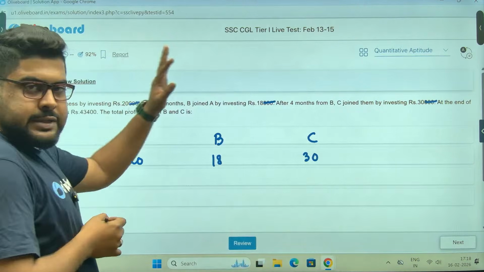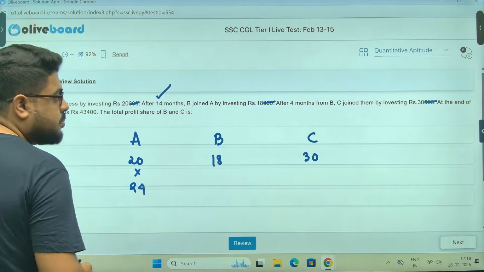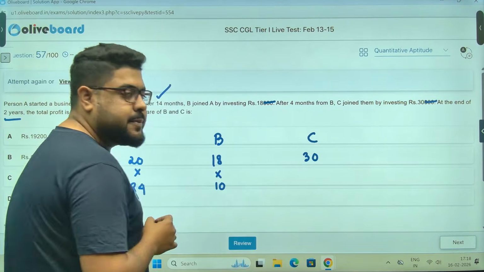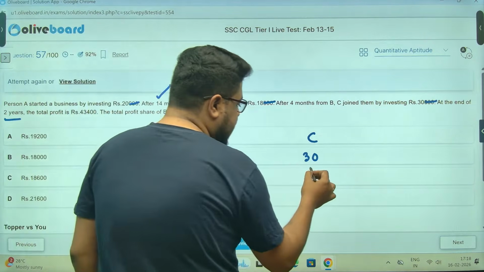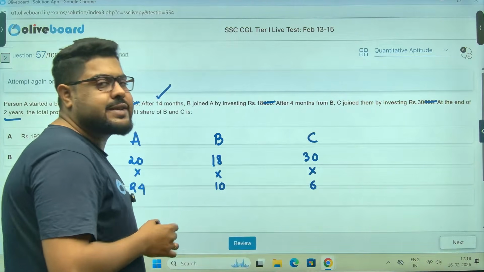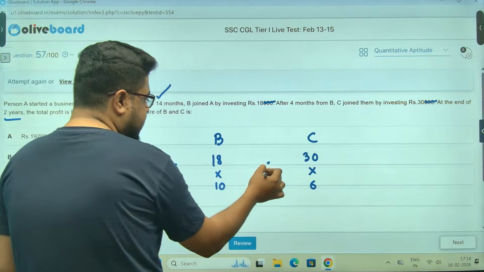Right? Now, sir, A was there for the whole 24 months. B joined after 14 months, meaning B was there for only the last 10 months. Sir, C joined 4 months after that, so he was there only for the last 6 months, 10 minus 4. So this is your PSR, profit sharing ratio.